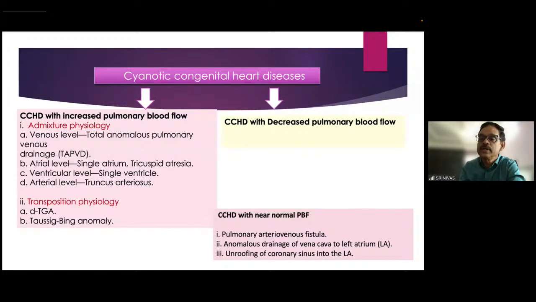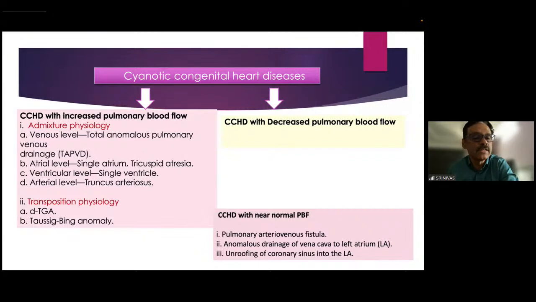Before I go into the actual topic, I would like to give a broad overview of the clinical approach to cyanotic congenital heart disease. This kind of classification usually works well in most situations: cyanotic congenital heart disease with increased, decreased, or near normal pulmonary blood flow. In increased pulmonary blood flow, we usually have either an admixture physiology or a transposition physiology.